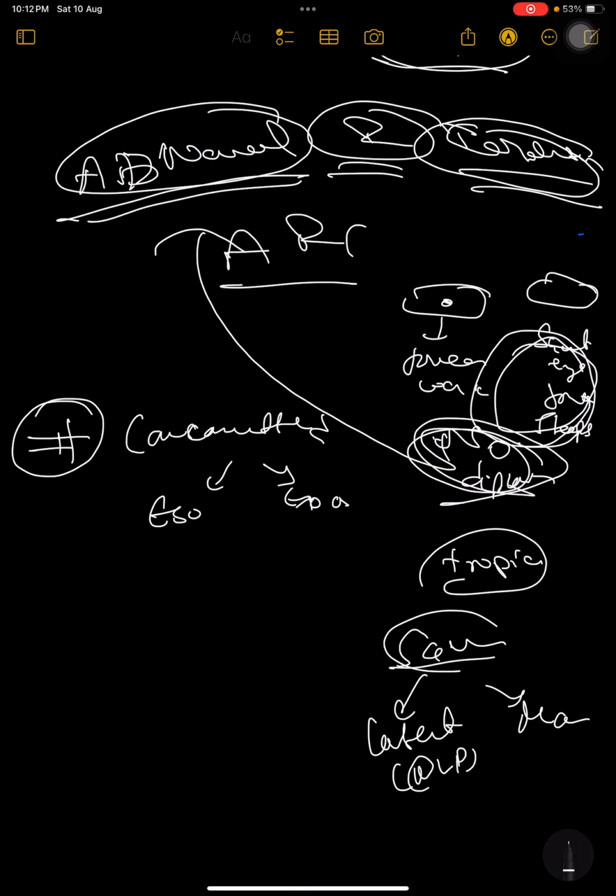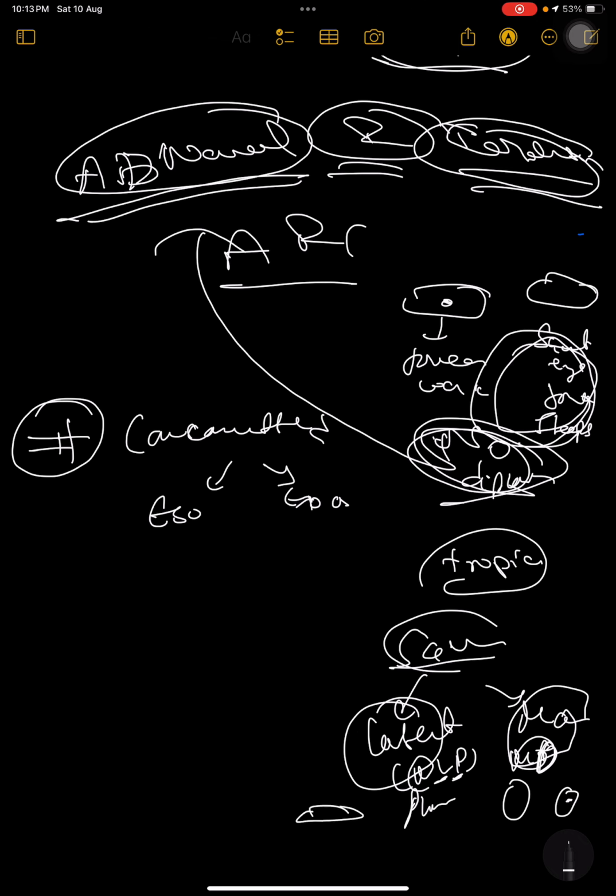Remember LP. Latent squint is phorias. Manifest squint means tropias. Tropia means it is actually seen. Manifest squint means if the person comes to the OPD, you can see that his eye is deviated towards this side or towards that side. Okay, that's manifest squint.